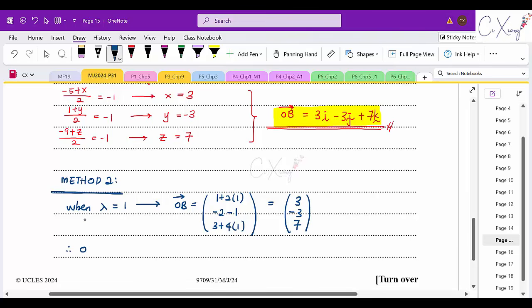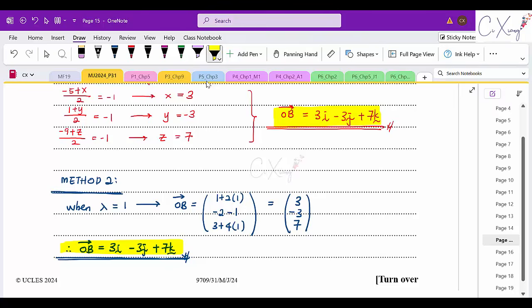So this is how we get the position vector of B using the vector method. No matter whether you use coordinate geometry or the vector method, they give you the same answer. So this is how we get the answer for this question.